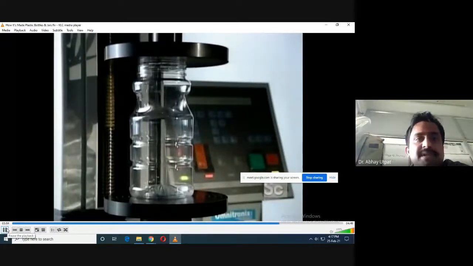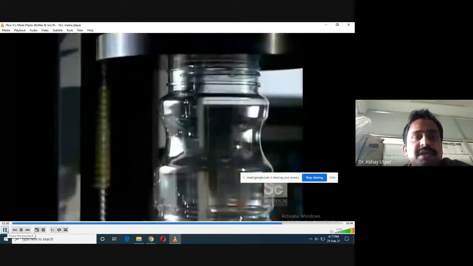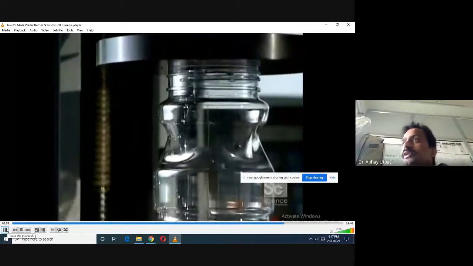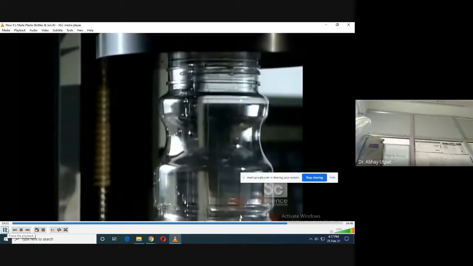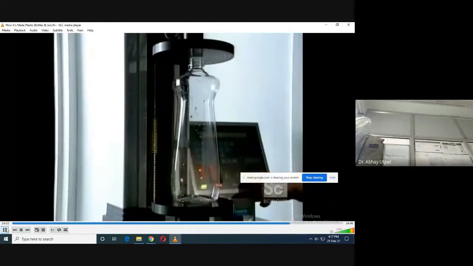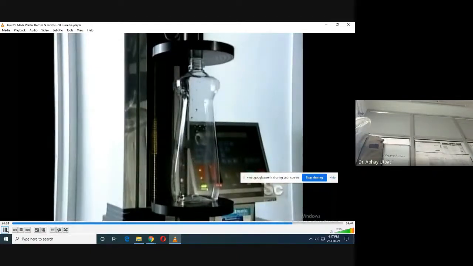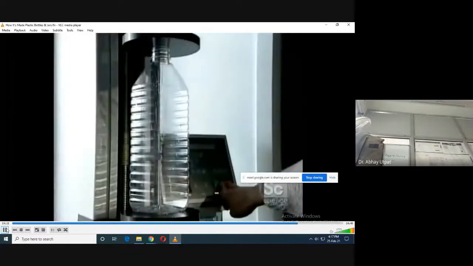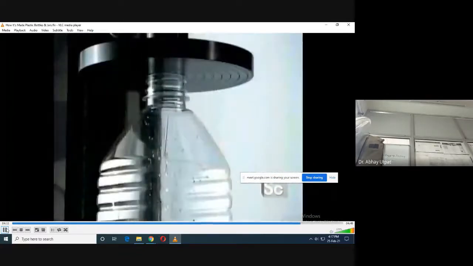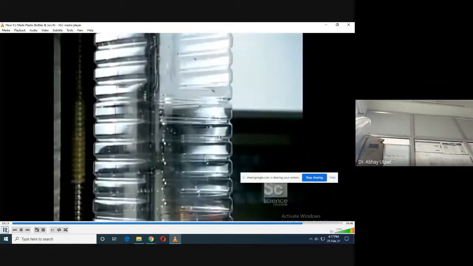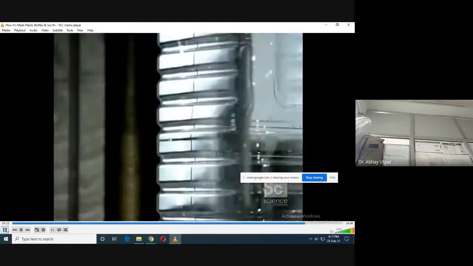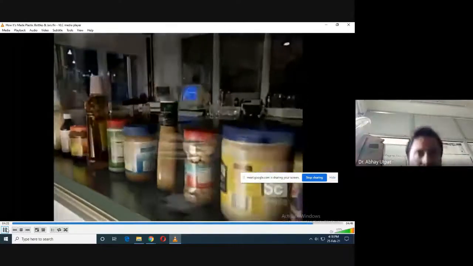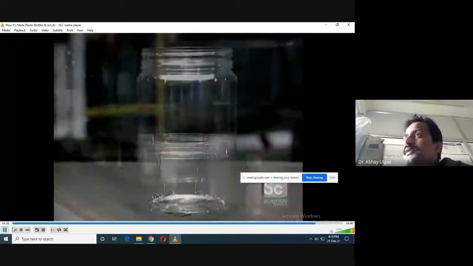Bottle is compressed. Different testings we have studied. So how is it performing? Check. Compression test. These are your various food products which are stored in the plastic bottles.